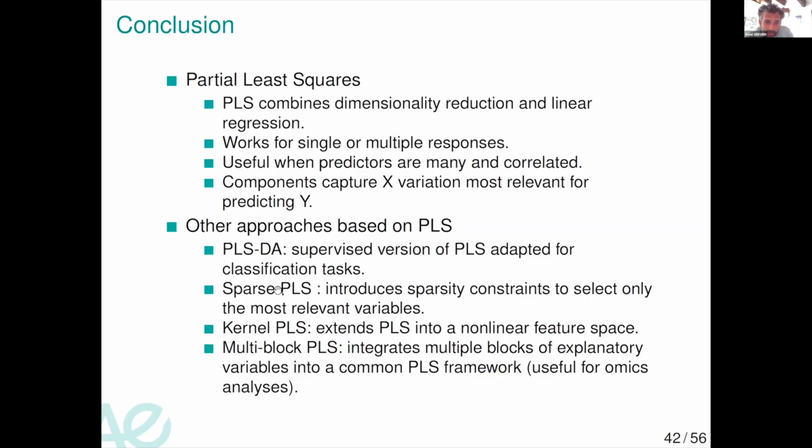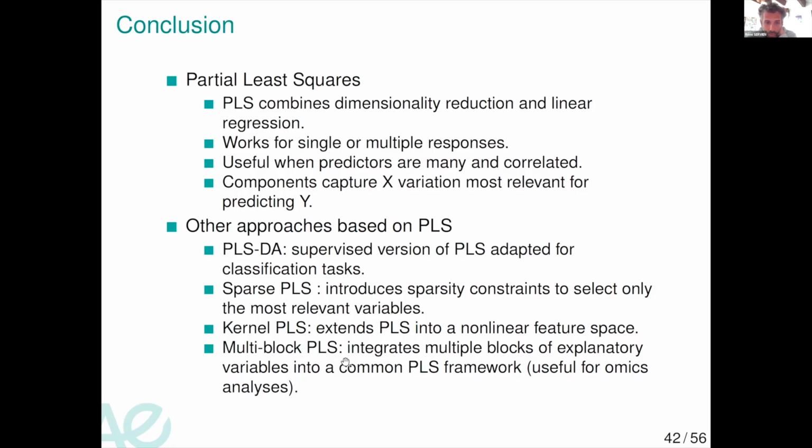There also exist, as for PCA, some sparse versions that produce sparsity constraints to select only the most relevant variables. There are also adaptations to deal with non-linearity, because partial least square, the basic one, is a linear method.